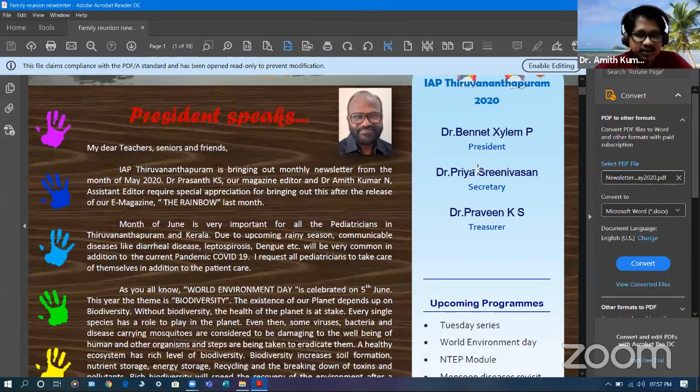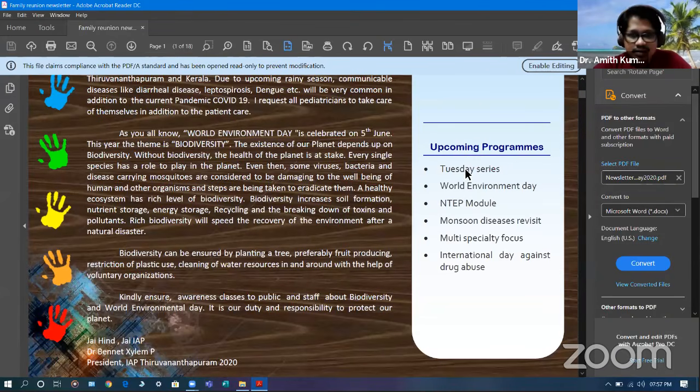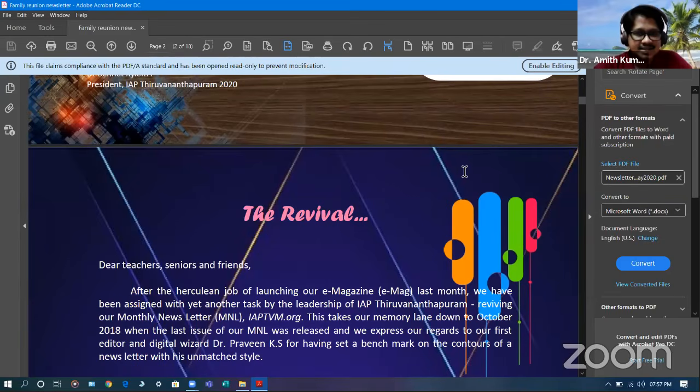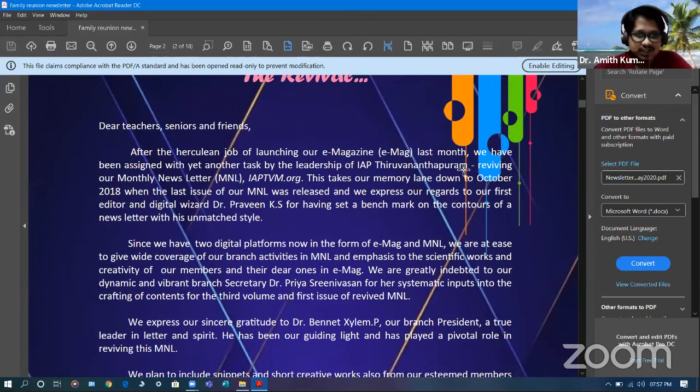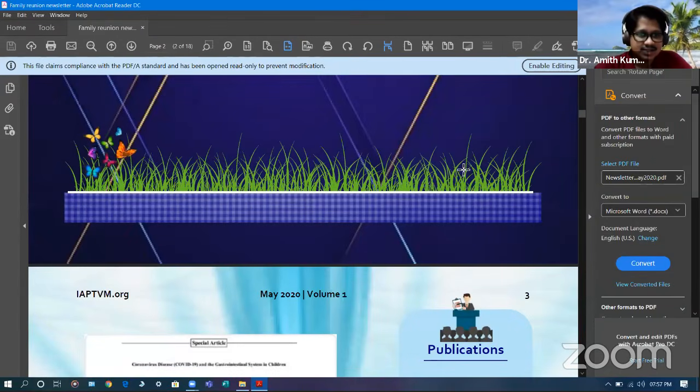Shared. Yes, yes, excellent cover. Again, just rapidly go through the pages so that all our participants can see it. Rapidly flip through.